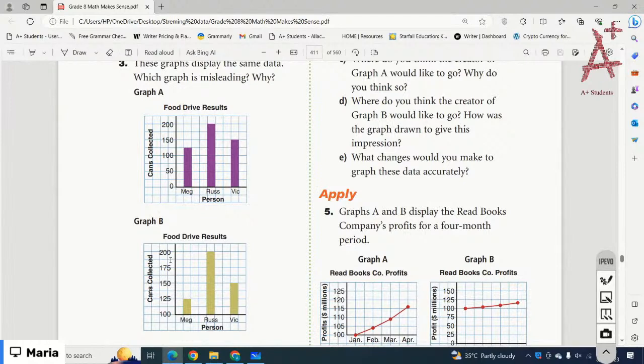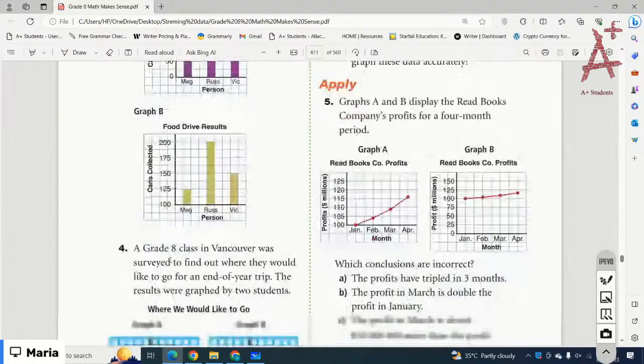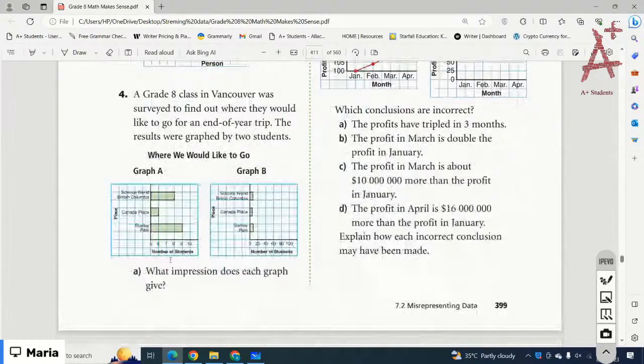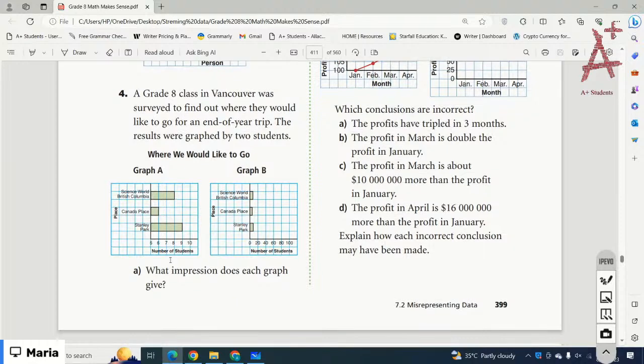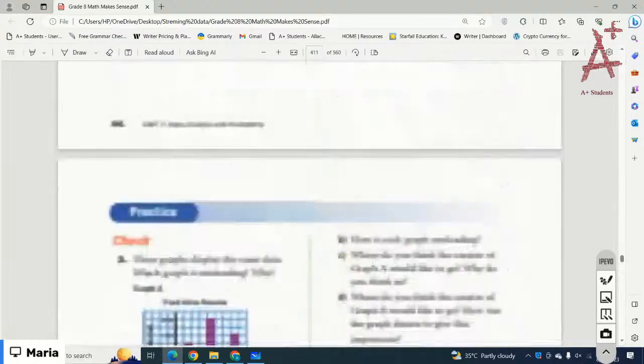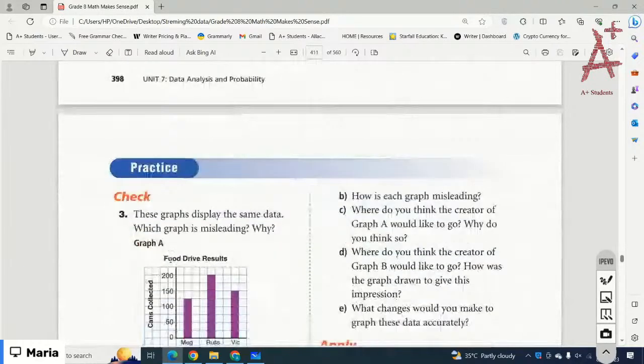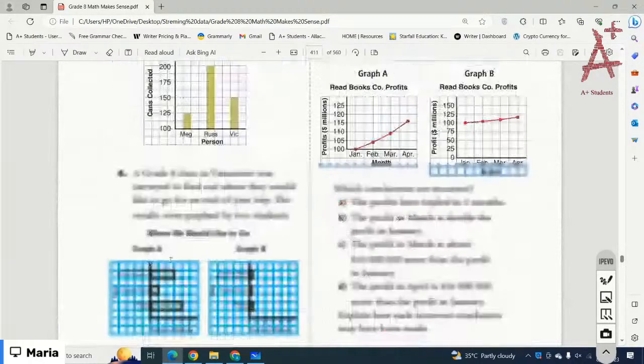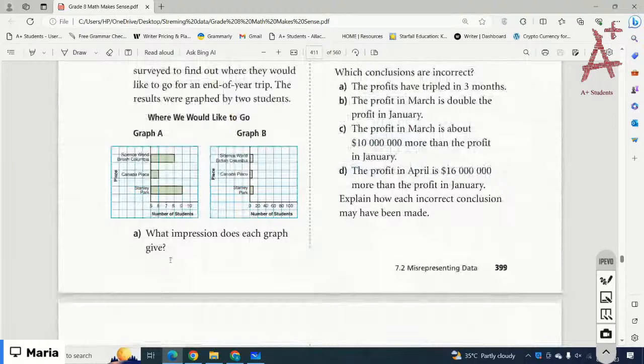Okay, the next one is: a grade 8 class in Vancouver was surveyed to find out where they would like to go for an end of year trip. The results were graphed by two students. Which impression does each graph give, and how is each graph misleading? Okay, let's just look at the graphs.